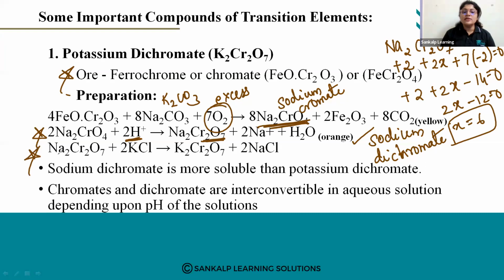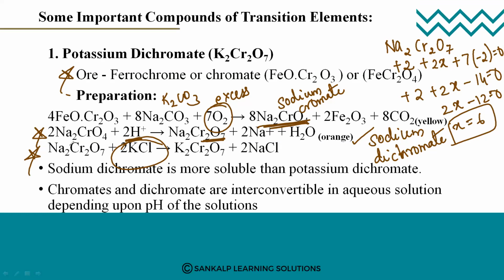Now in the third step, the sodium dichromate is treated with potassium chloride. You can see here what is done. And what is obtained? Sodium potassium dichromate is obtained. A replacement reaction is taking place.